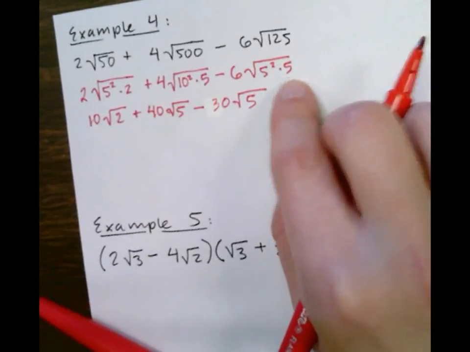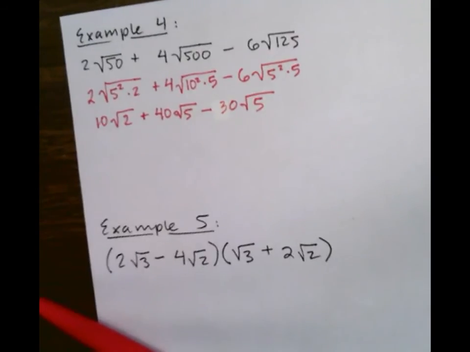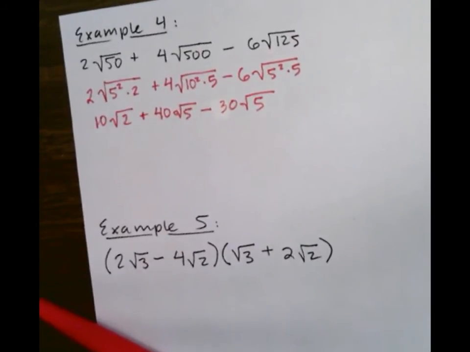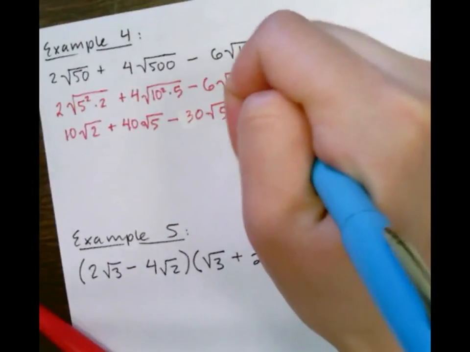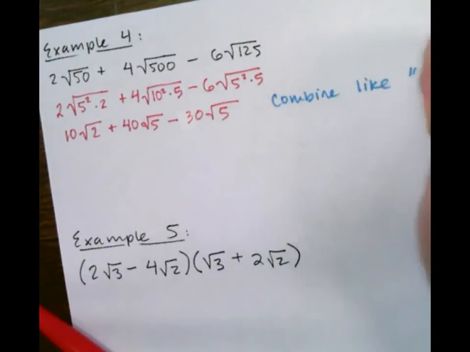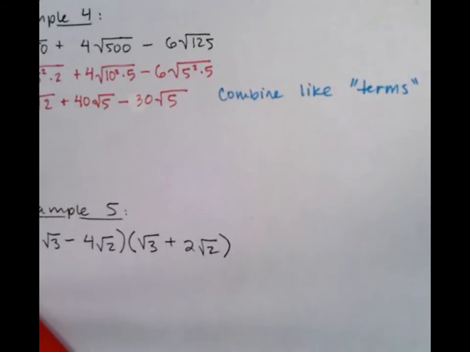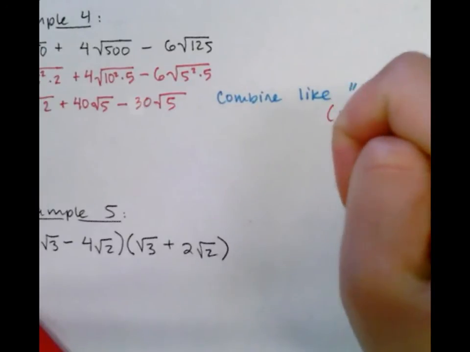Now what I'm looking to see is, do any of these have the same number inside of the root? Because if they do, I can combine like terms. So I'm going to write a little note for ourselves. Combine like, I'm putting terms in quotes, and really what I mean when I say terms is radicals.